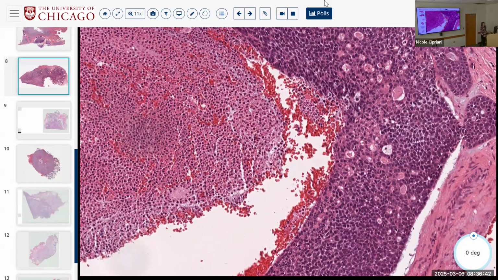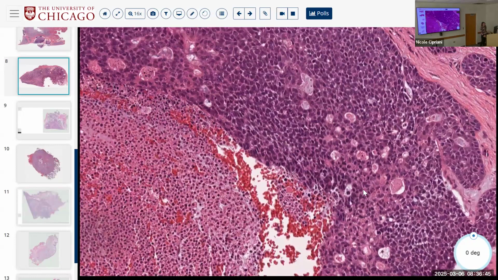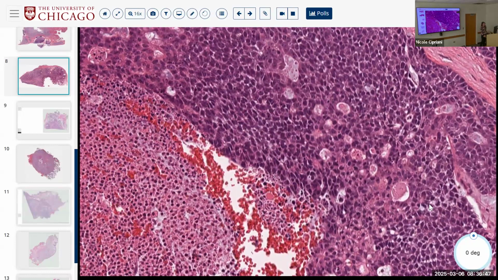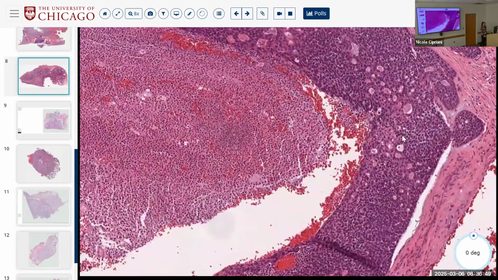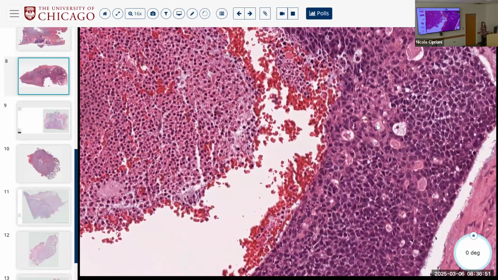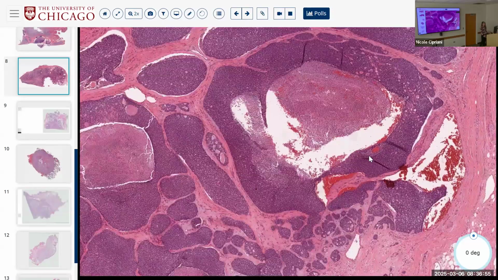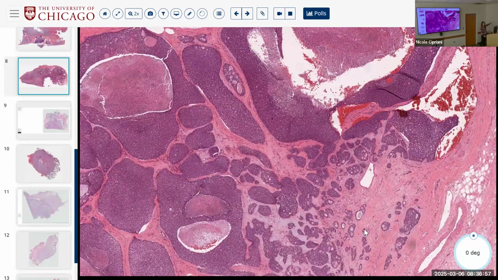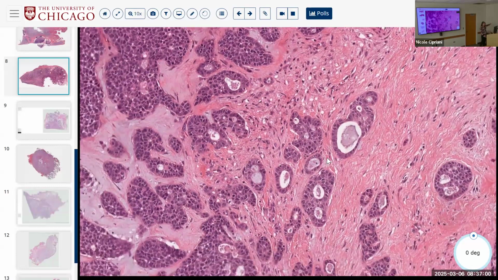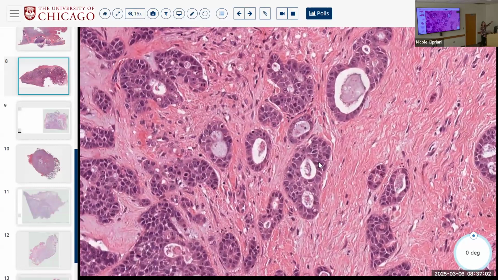And the fact that you have these almost cribriforming areas, or what they might call in salivary duct Roman bridging, morphologically raises the differential of what thing that we just saw. I'm not trying to trick you, which would be adenoid cystic.